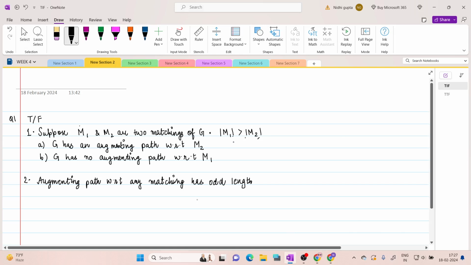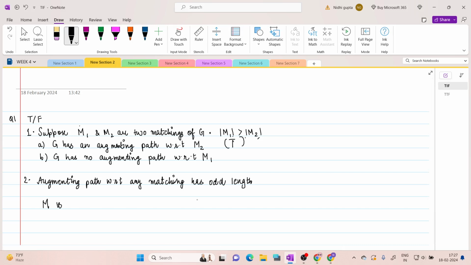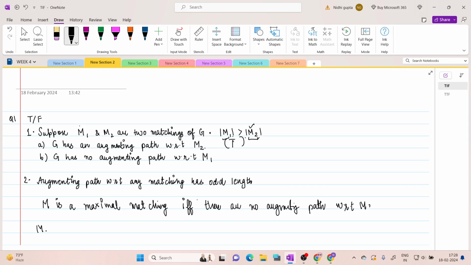Yes, you are correct. What he is saying is he's using this theorem: M is a maximal matching if and only if there are no augmenting paths with respect to M. Since we have a matching which is bigger than M2, that means M2 is not a maximal matching.